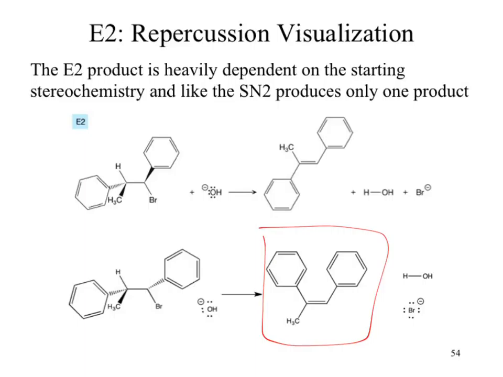We do still want to form the most stable double bond, but that is not always possible. It is not possible to make the trans double bond with our bottom starting material. So you have to be a lot more careful with your E2 eliminations to ensure you're aligning things properly. Questions?